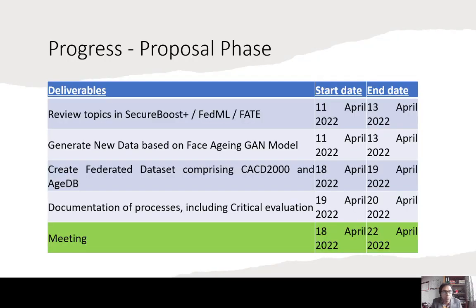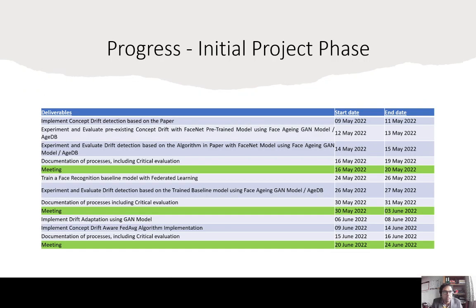For the progress on the proposal phase, I keep meetings at the end of every proposal phase, and this is my timeline. In the initial project phase, I've reached the end of drift adaptation. The drift adaptation is implemented along with GAN inference. So drift adaptation has been done now, but I'm still working on that.